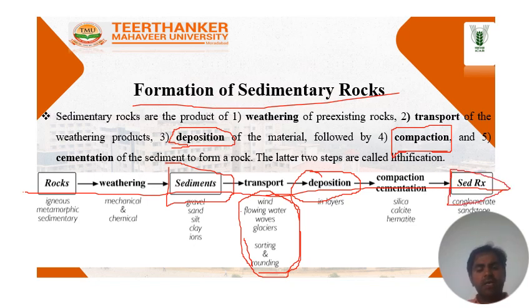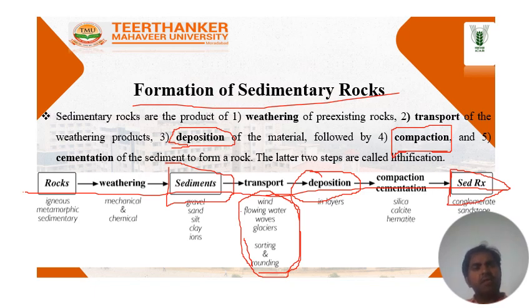So that is why one big property of the rocks is that it is always found layer-wise, you can say stratified rocks, because the particles settle step by step. First the large particle is settled down, and after that the medium particle, and the last are the small particles.